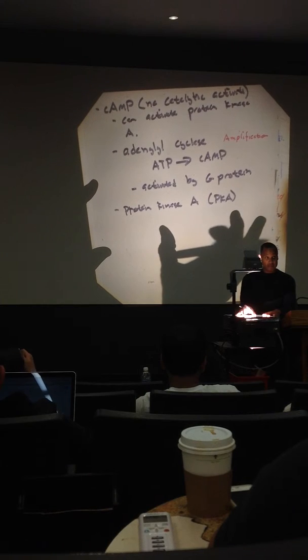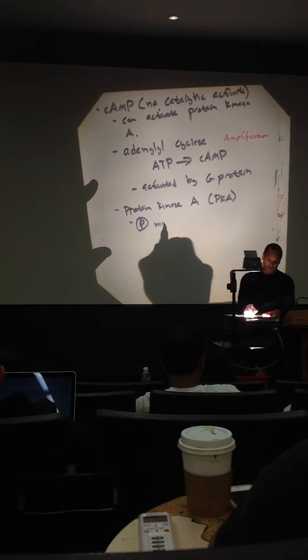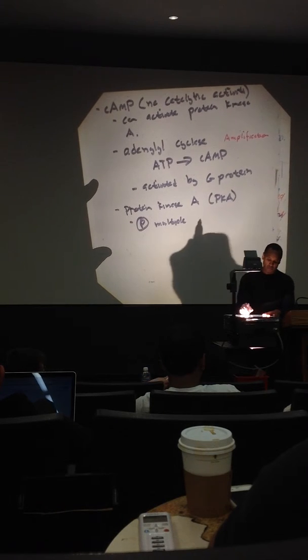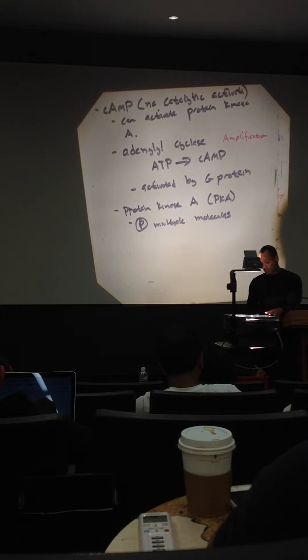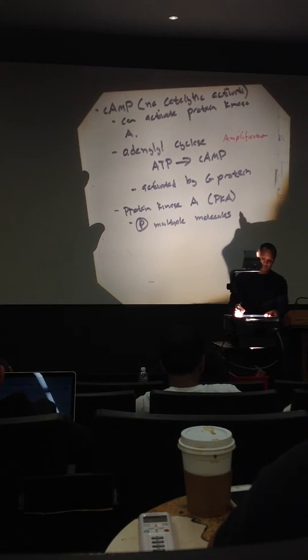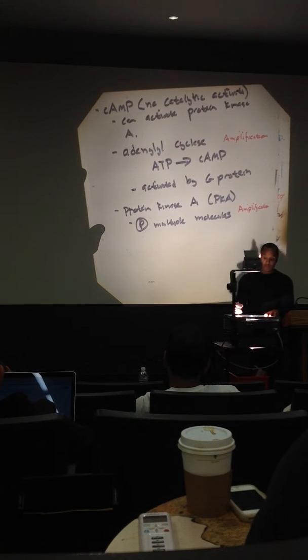PKA, being a kinase, can phosphorylate multiple molecules also. Which means that this too is a point of what? Amplification. And because it is a kinase, and whenever it gets phosphorylated, it can be dephosphorylated, what does this also represent? Fine-tuning. Reset.